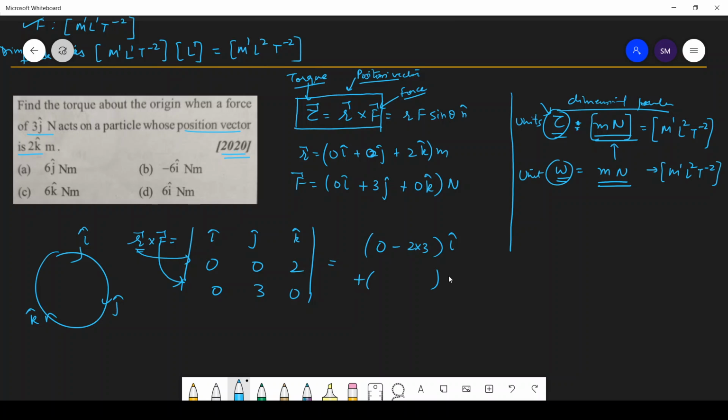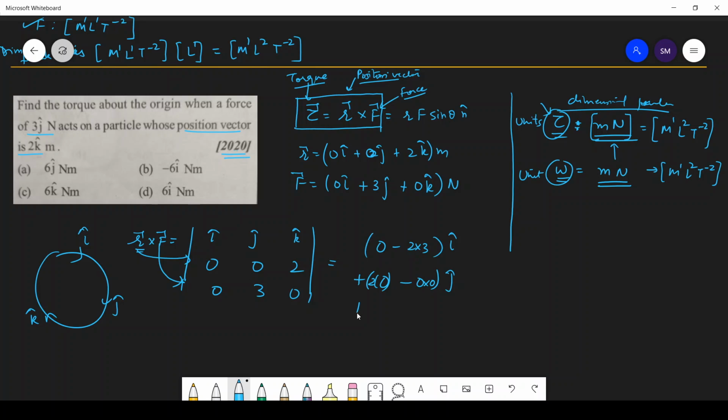Plus now j cap. So hide the j cap. If you hide the j cap, here I have 0, so the result will be 0. Hide j cap, you have to move from k to i. So k to i, 2 into 0, so 2 into 0 is 0, minus 0 into 0.